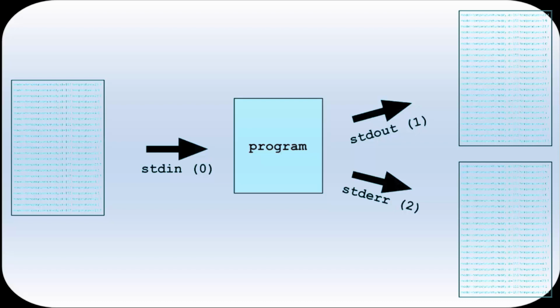So just in this graphic here, I'm showing you how conceptually standard in, standard out, and standard error can be different things and can go to different places. Now, I think in the recent work you've been doing, you might be writing files.